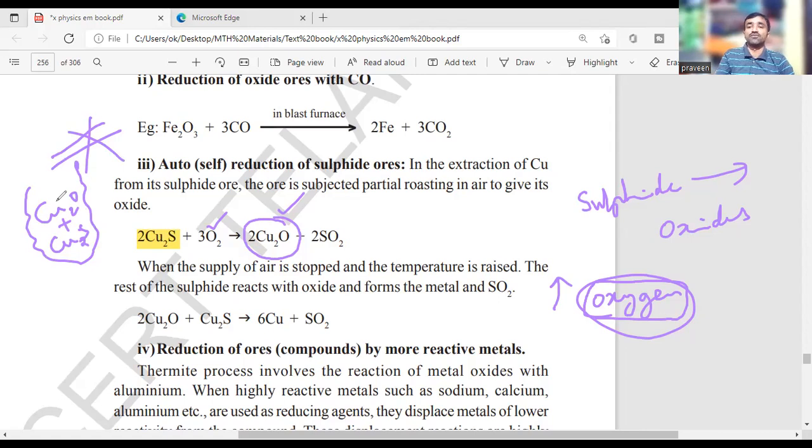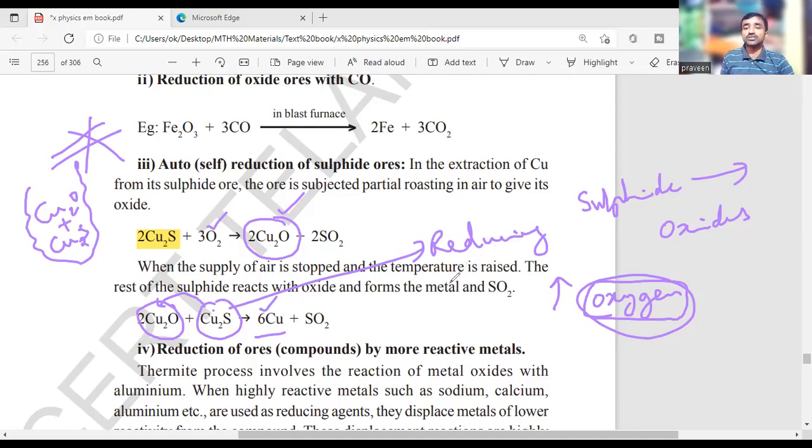This sulfide and oxide both are available, and they can react with each other at high temperature. So this sulfide ore will react with the oxide. This oxide is not used as the reducing agent; copper sulfide is acting like a reducing agent, so it can reduce the copper oxide into copper.